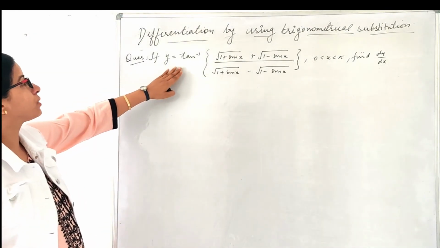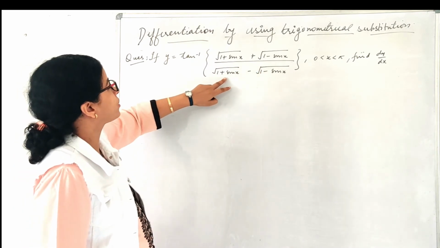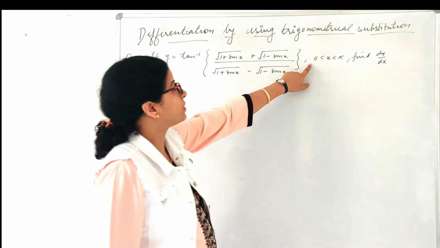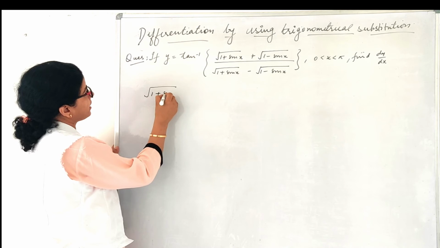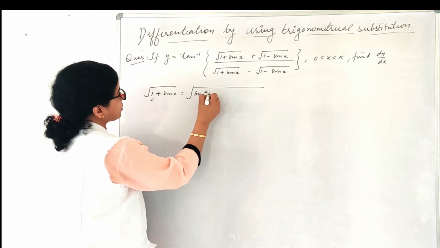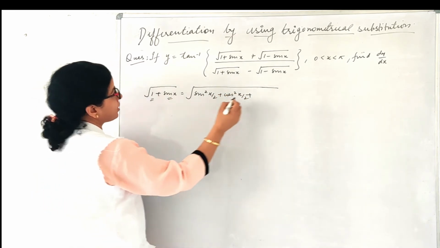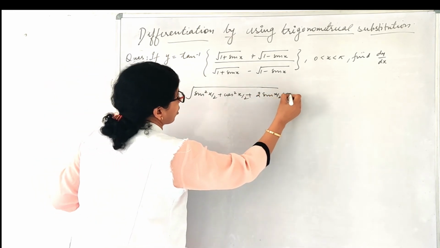Now let us take this question. If y is equal to tan inverse of (under root 1 plus sin x plus under root 1 minus sin x) upon (under root 1 plus sin x minus under root 1 minus sin x), and my x belongs between 0 and pi, find dy by dx. So look here, 1 plus sin x: 1 can be written as sin square x by 2 plus cos square x by 2, and sin x can be written using the sin 2 theta formula, 2 sin x by 2 cos x by 2.